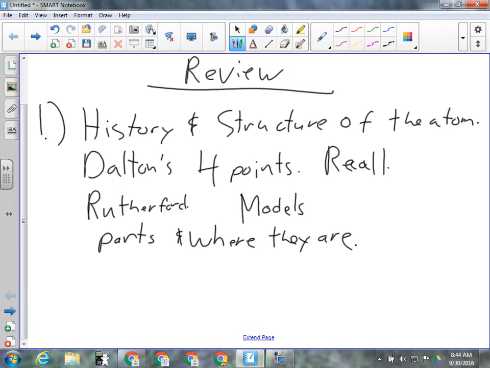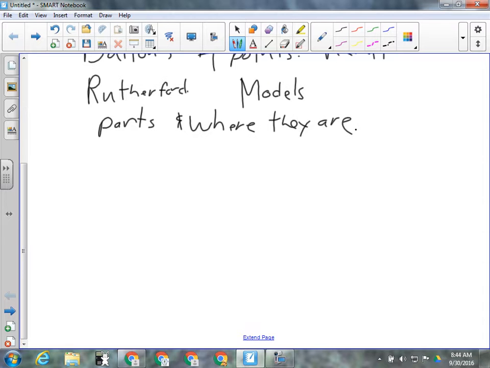And most importantly, from this lesson, second most important thing, because Dalton's 4 points are the most important, but the second most important thing, because I'm going to ask you to do this: I'm going to ask you to draw an atom. What I mean by draw an atom is I'm going to give you a specific element.